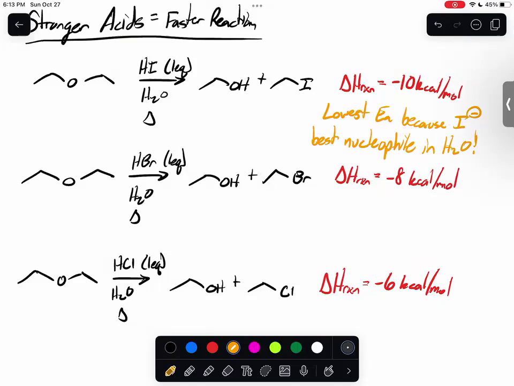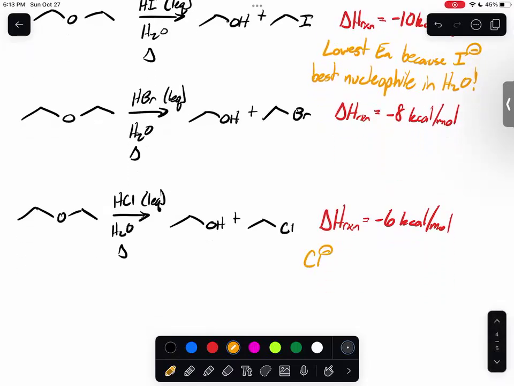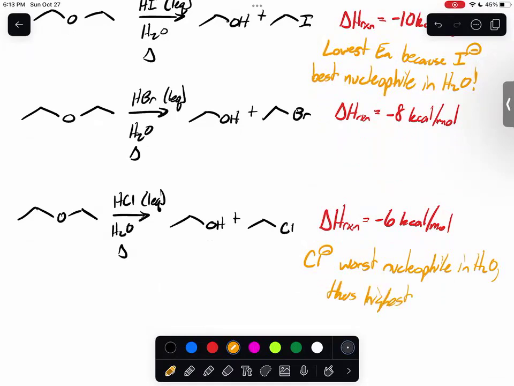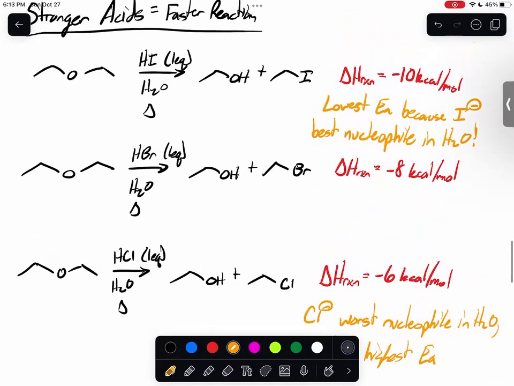Versus the Cl minus is the worst nucleophile in water. Thus, this has the highest activation energy. So if you ever want to run this reaction, you would want to use something like hydrogen iodide as your acid source because it's going to react the fastest.